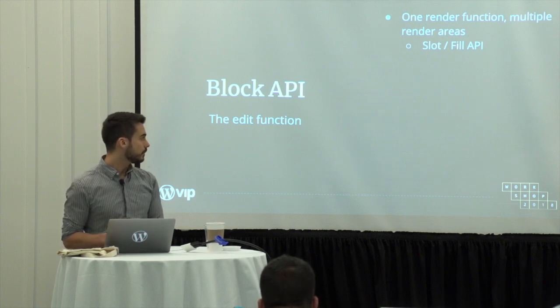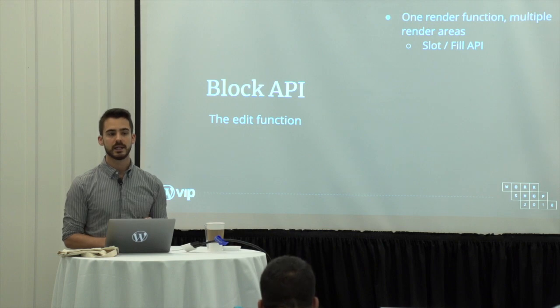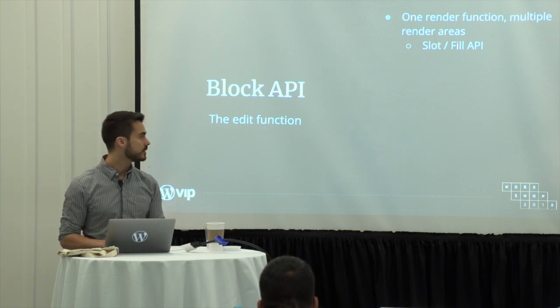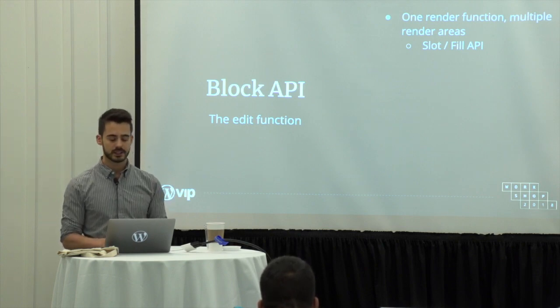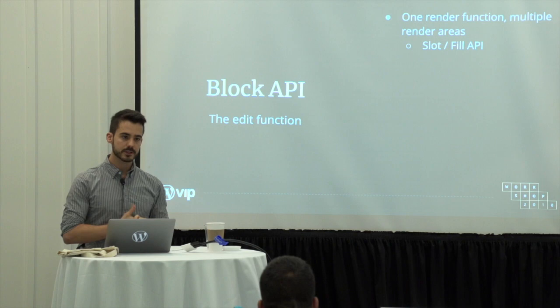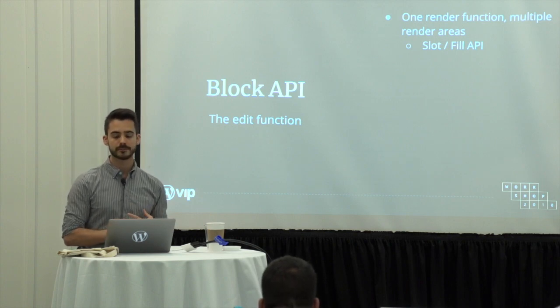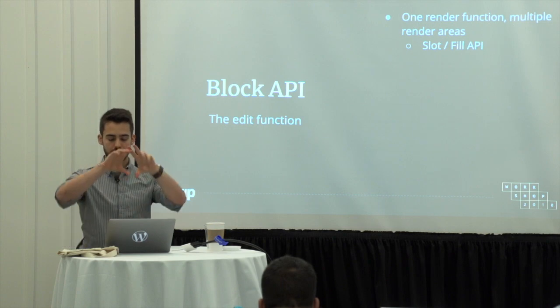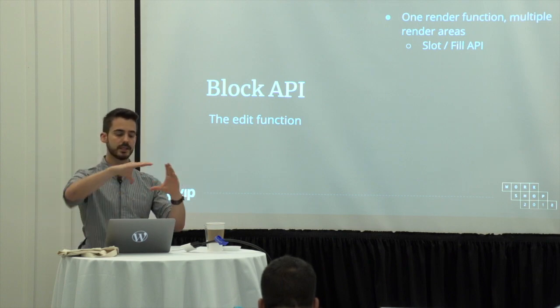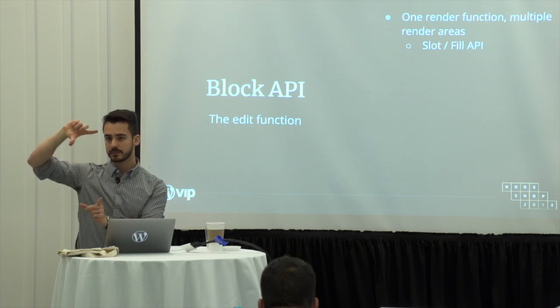This is achievable because we're using the slot fill API, which is something based on React portals. And the fact that it's using slot fill API is actually abstracted away. It's mostly invisible to authors. And what it allows us to do is to say, when we were building Gutenberg, we built the layout of Gutenberg and we say this is the area where our blocks will be, and this is the place where a sidebar will be.